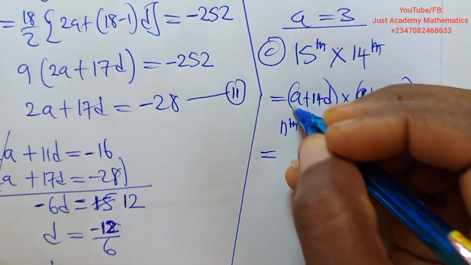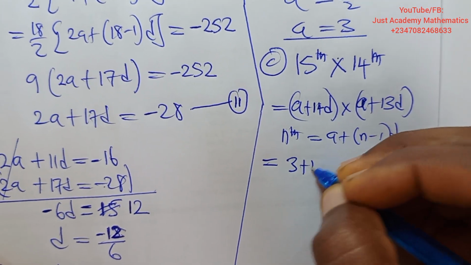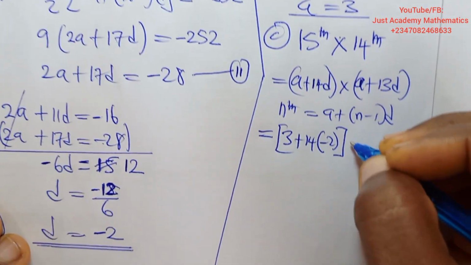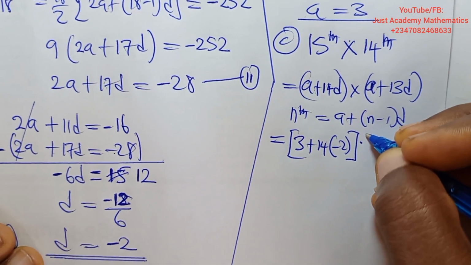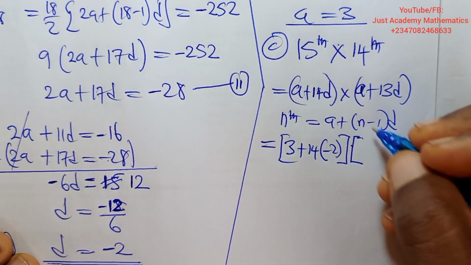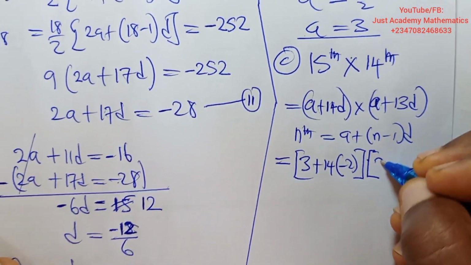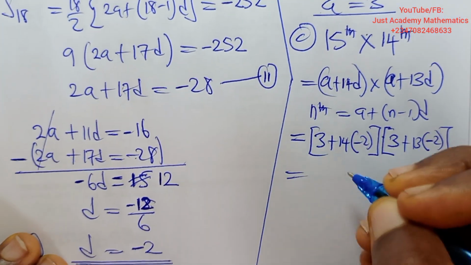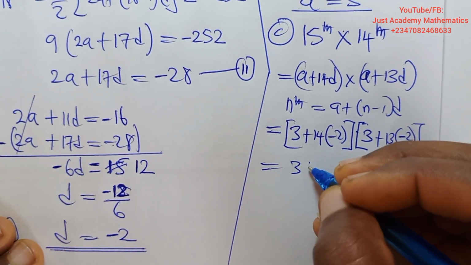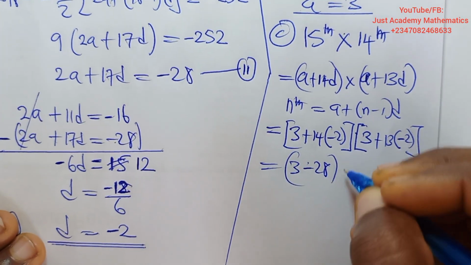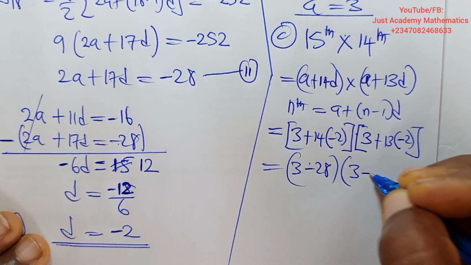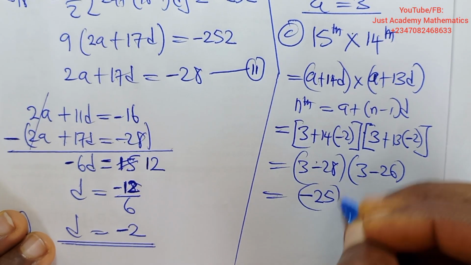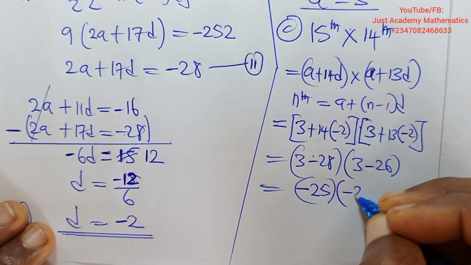So let's continue. The first is 3 plus 14 times d. What is d? Minus 2. There is no need for putting times, since we are using brackets, it's multiplying. The second is 3 plus 13d, with d equal to minus 2. So we have 3 minus 28 times 3 minus 26, which is minus 25 times minus 23.